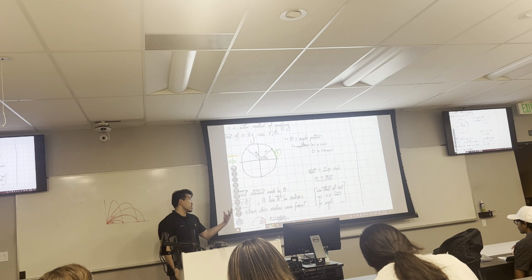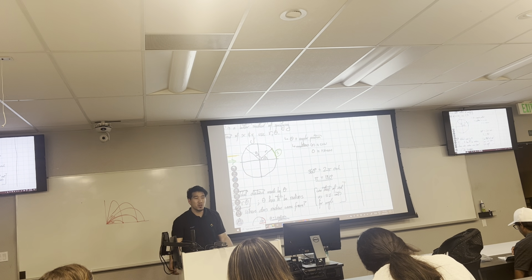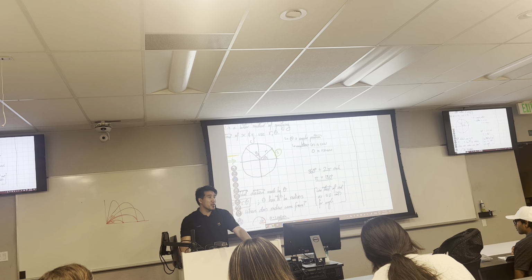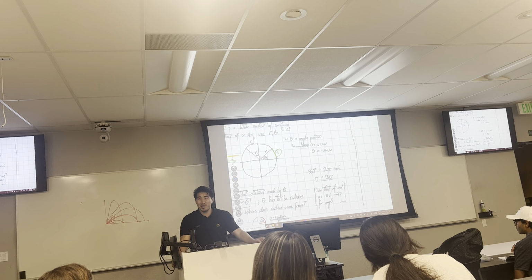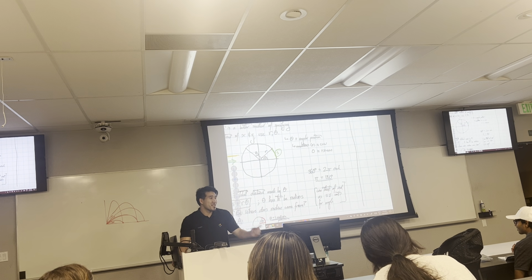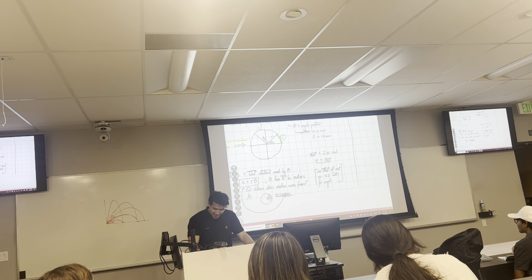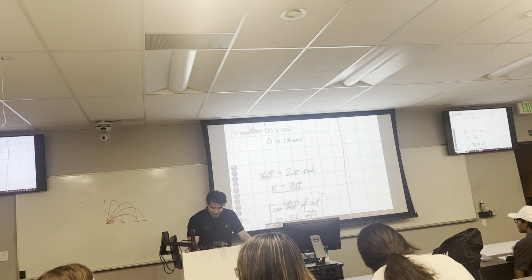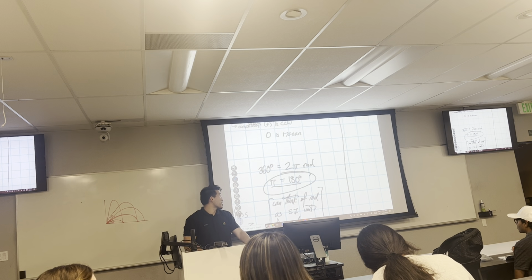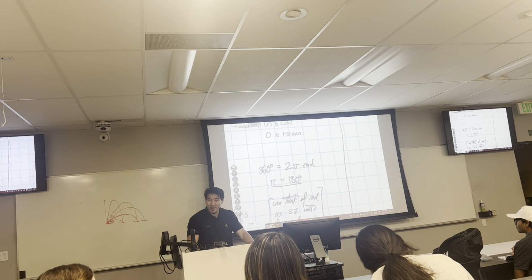So pi radians is 180 degrees. That is the relationship. Or you can do second mode on your calculator and then just hit the radians button. Although I actually just end up using radians because converting back and forth actually takes longer.